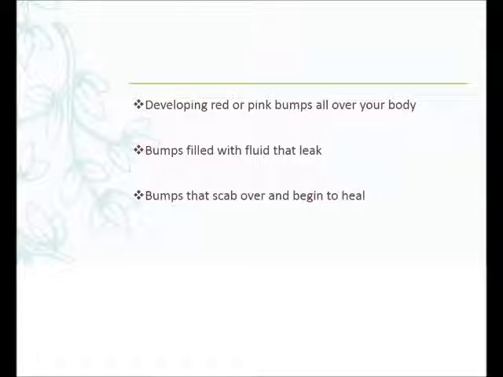The body will not all be in the same phase at the same time. New bumps will appear throughout the infection, and the person is still contagious until all the bumps on the body have scabs. There are red or pink bumps all over the body, bumps filled with fluid that leak, and bumps that scab over and begin to heal.